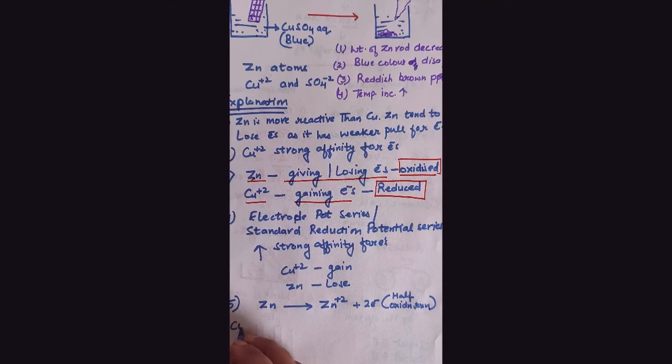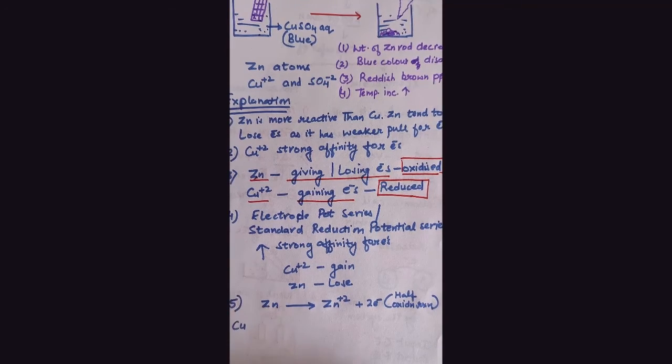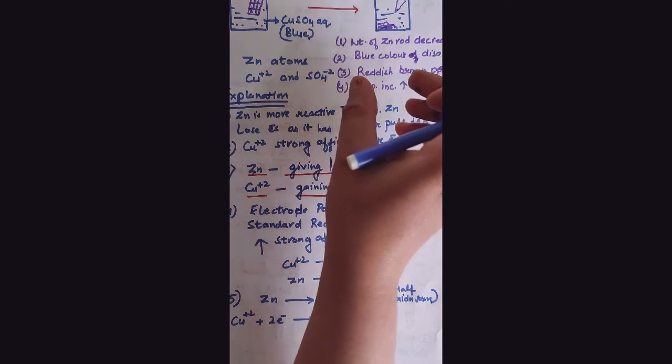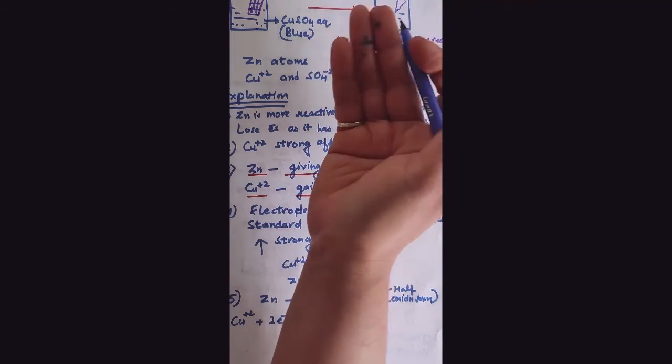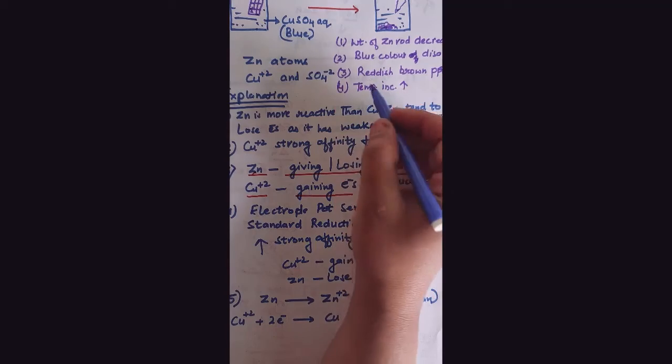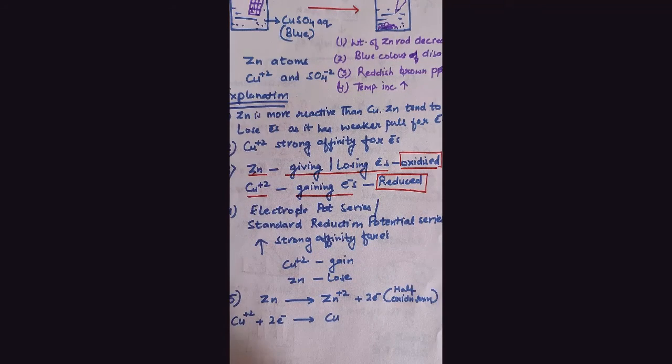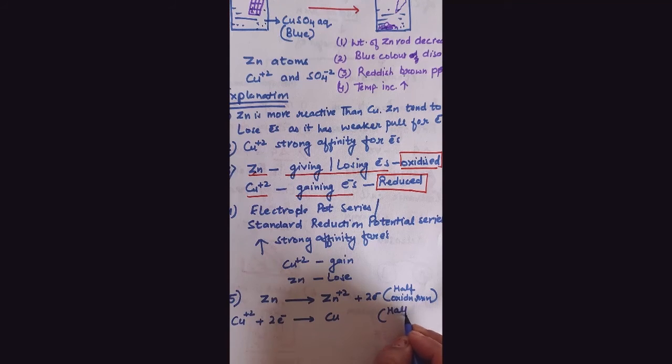Then copper plus 2 gains these 2 electrons and forms solid copper atom, which is deposited at the bottom of the container as reddish brown precipitate. So they form copper atom. This is the reduction half reaction.